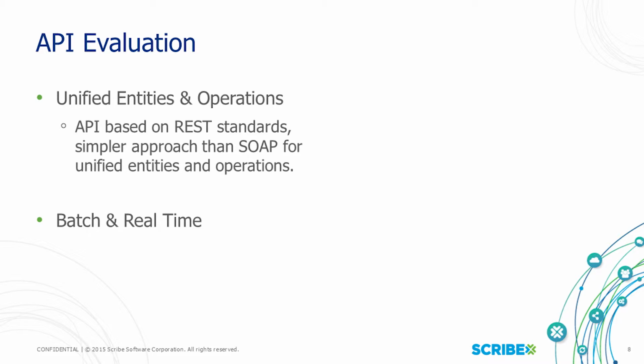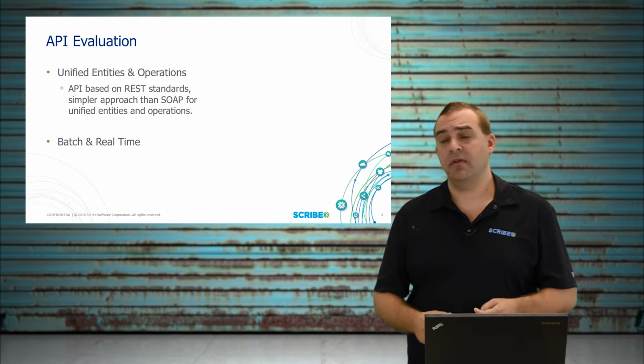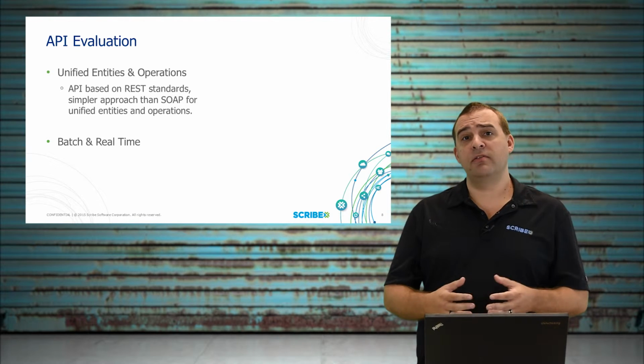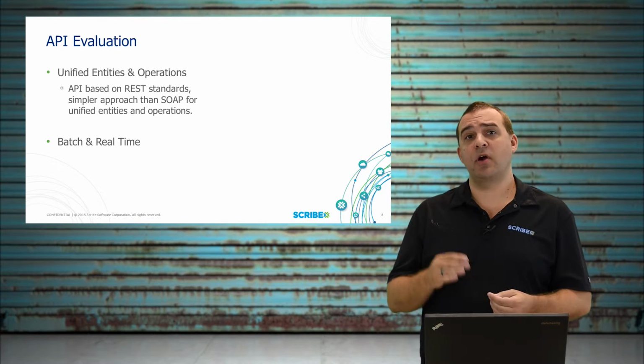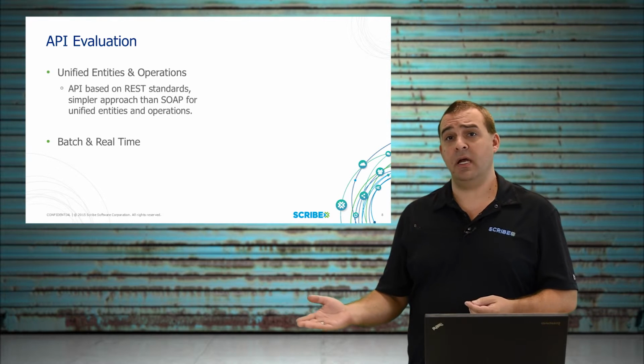Another item: unified operations and batch versus real-time items. So unified operations allow us to reduce the number of calls that we make to an API. For instance, if I need to take new information from System A and put it into System B, the typical flow is that I'm going to look up into System B to see if that information already exists.